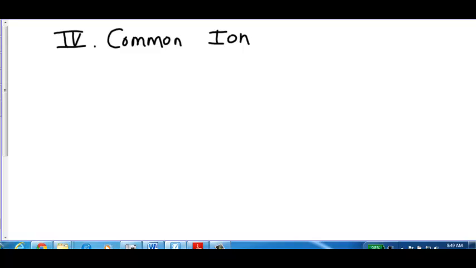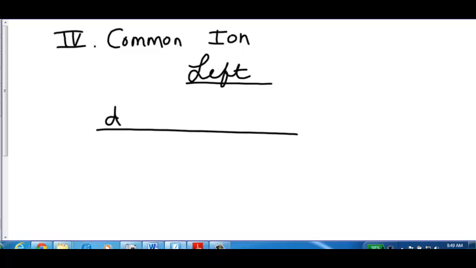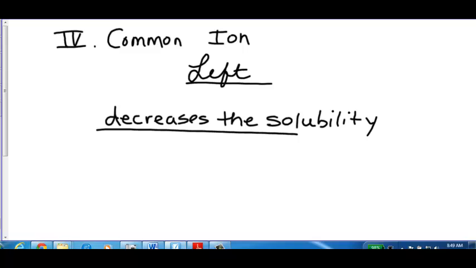So the presence of a common ion will shift the equilibrium to the left in our insolubility equations. In other words, adding a common ion that doesn't react with other species in solution decreases the solubility of our already insoluble salt. Great, just what you wanted to hear, right? It's going to be a smaller number.